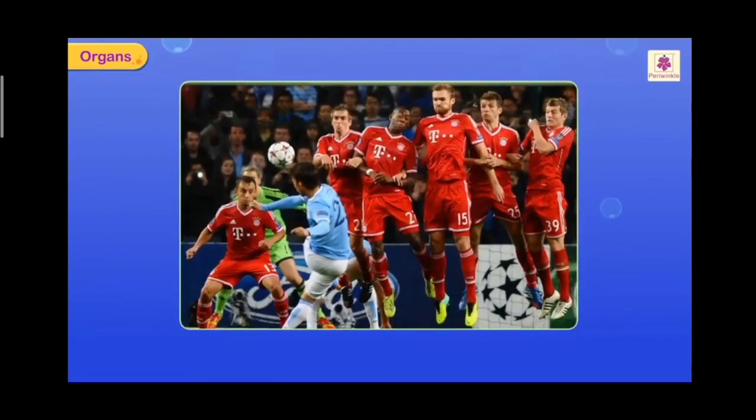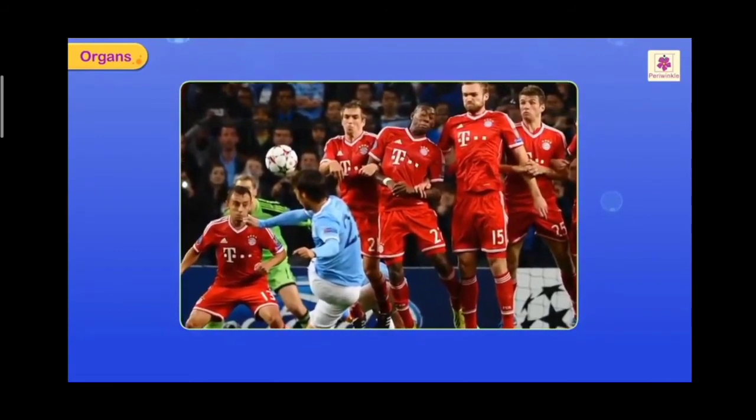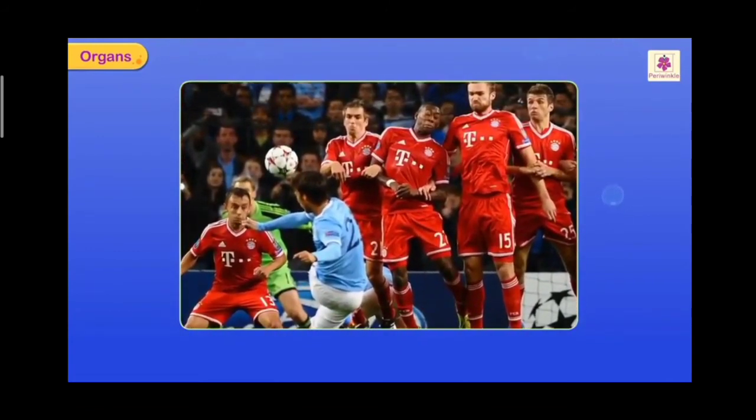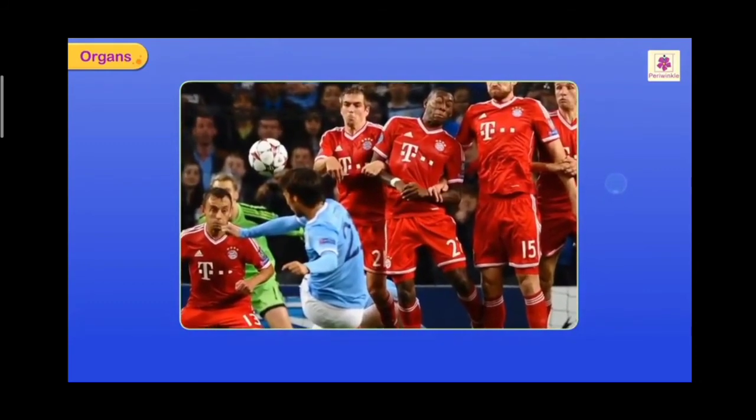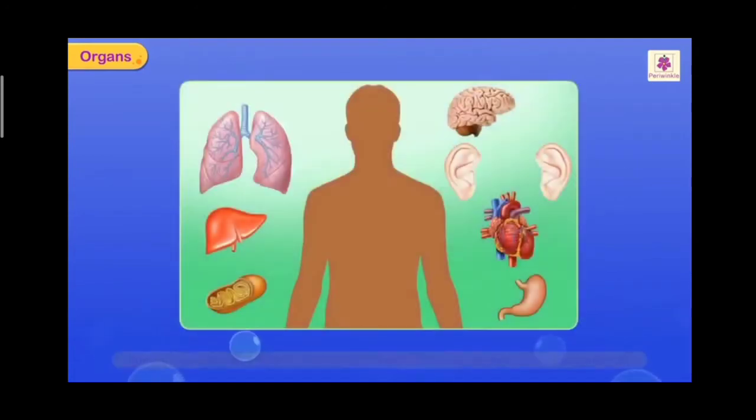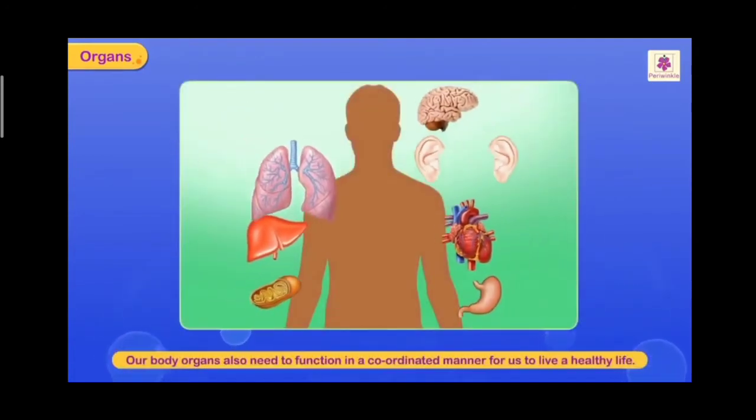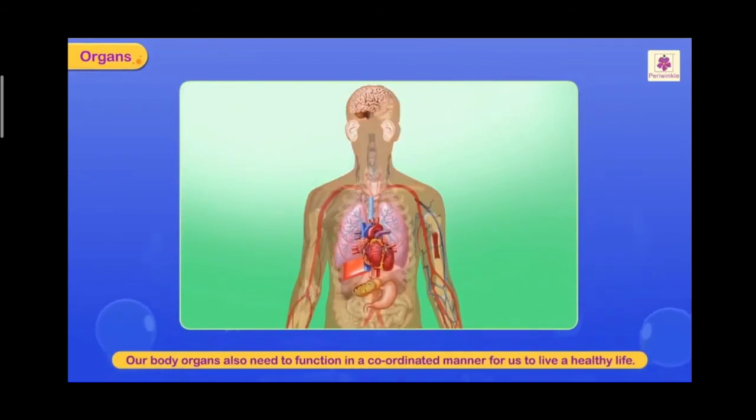A football game can only be won if all the players play in a coordinated manner. Similarly, our body organs also need to function in a coordinated manner for us to live a healthy life.